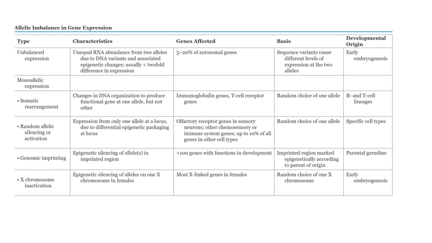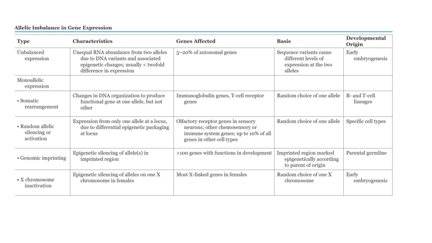So these allelic imbalances in gene expression are present in the human body. For example, unbalanced expression is present in 5 to 20% of autosomal genes, and that happens at the early embryogenesis stage. And for monoallelic expression, we have several examples in the human body, such as the somatic rearrangement we find in immunoglobulin genes or T cell receptor genes.